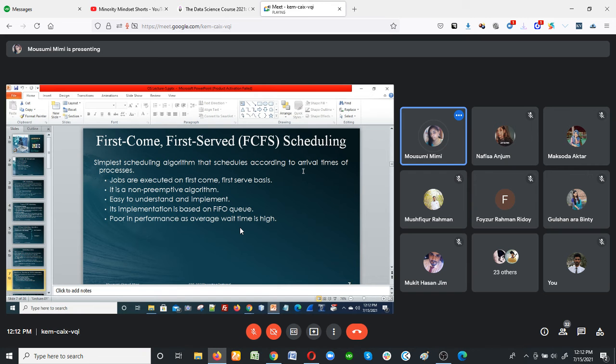It works as the name says: what comes first goes first. Its performance is very poor and the average waiting time is very high. That is why its performance is very bad. It is a very easy algorithm, but it is not appropriate for our operating system.